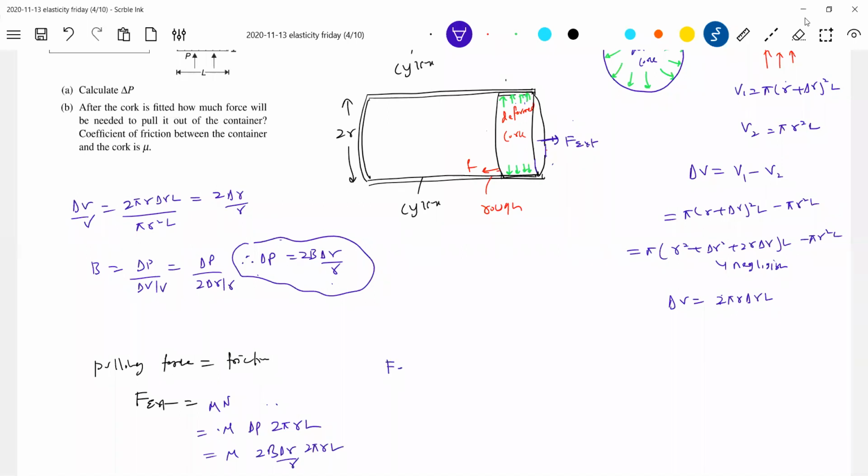So what is the external force? How much should I apply? It should be equal to 4 pi mu B L delta R. If you pull the cork with this much external force, it will come out.